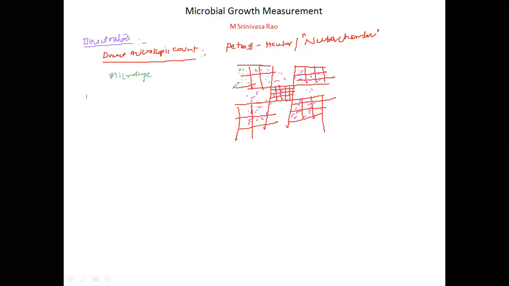Direct microscopic methods are rapid and give correct numbers. However, there are some disadvantages to this technique. The microbial population must be fairly large for accuracy, because such a small volume is sampled.